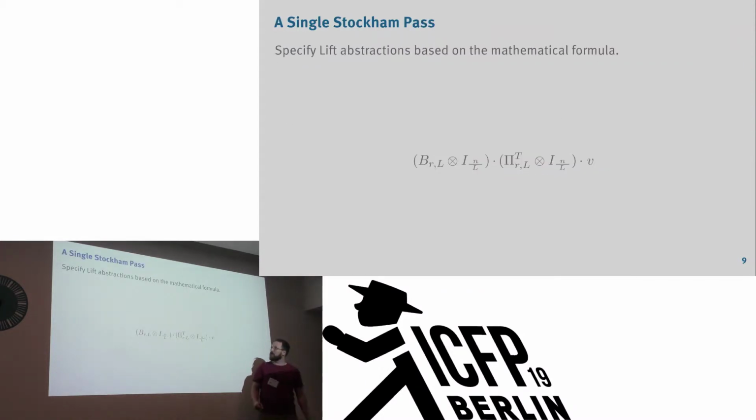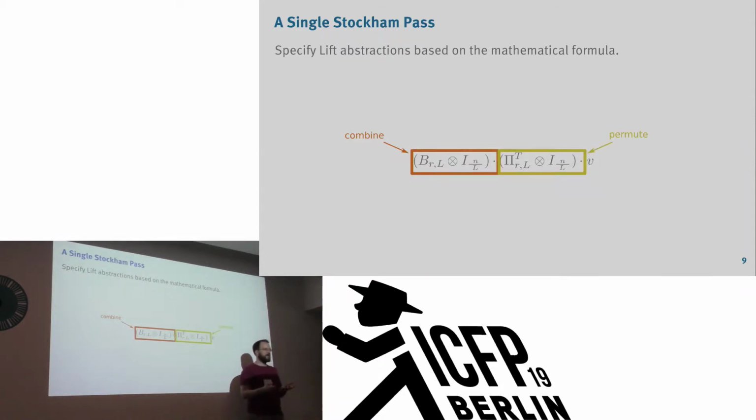In order to express the Stockham pass in Lift, we look at the mathematical formula again, and again the details are important. We see that we have basically two matrices that are multiplied with v. We have what we call the combine matrix, which combines values from v into new values. And we have what we call the permute matrix, which simply reorders values in v.